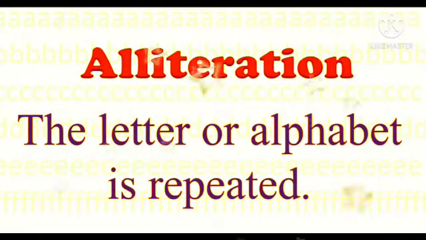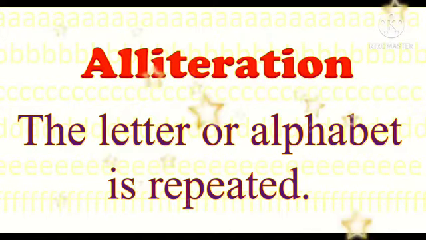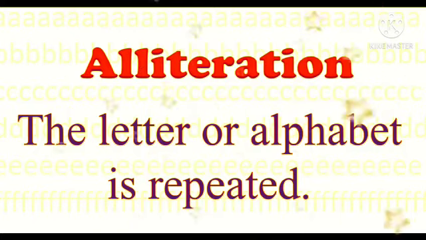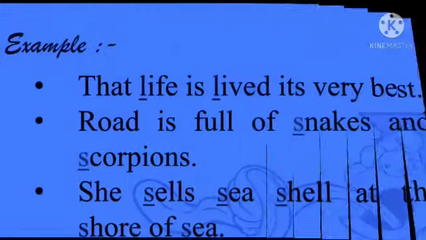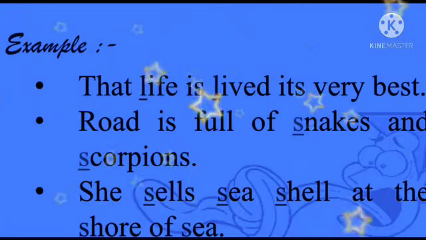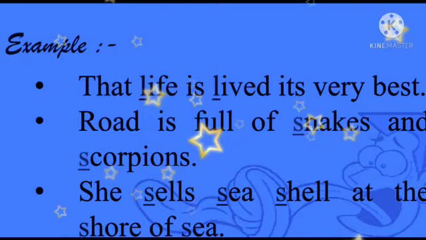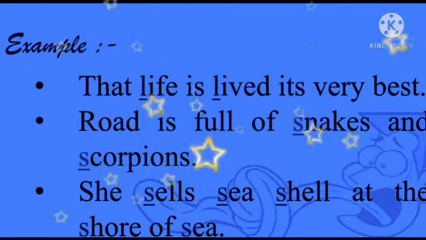Alliteration is a pleasant repetition of sound characterized by a letter or an alphabet. In short, the letter or alphabet is repeated. Let us see the examples. Let life be lived at its very best. So here the letter L is repeated.